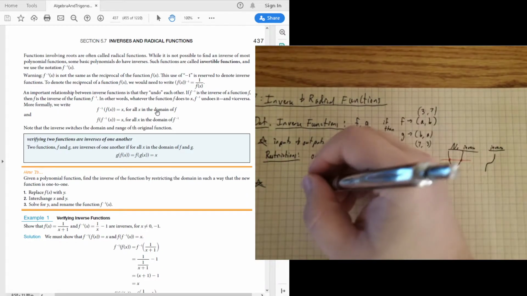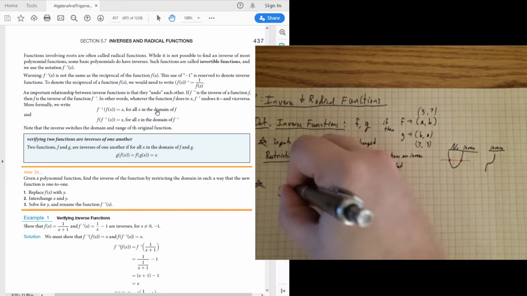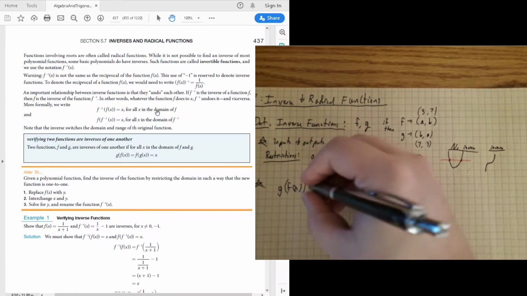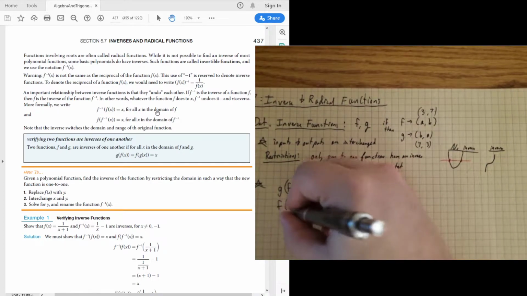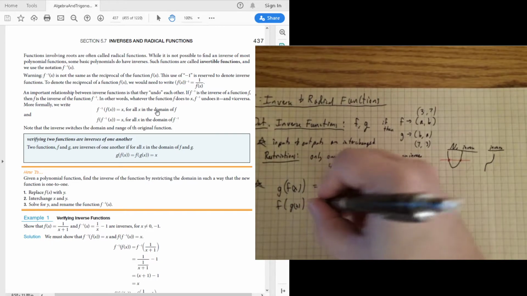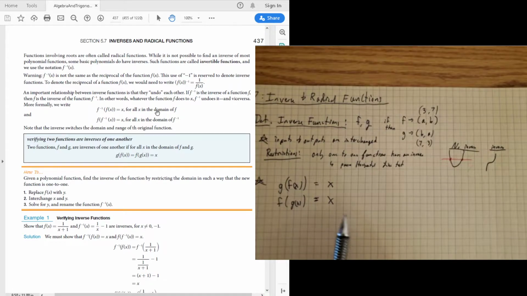Again, I'm still using f and g. If I plug g into f, or f into g, I get the same solution. In other words, if I take f and plug it into g, only x will remain.